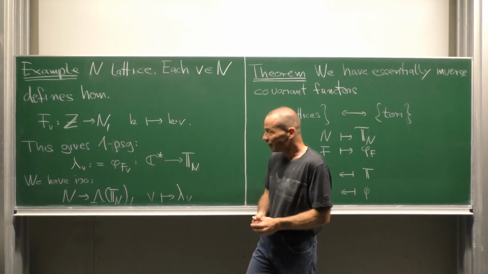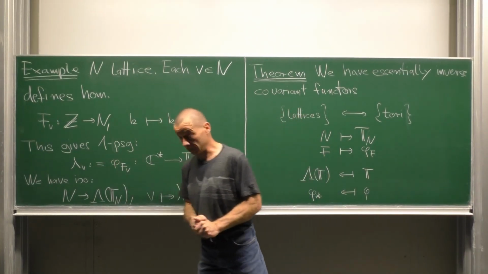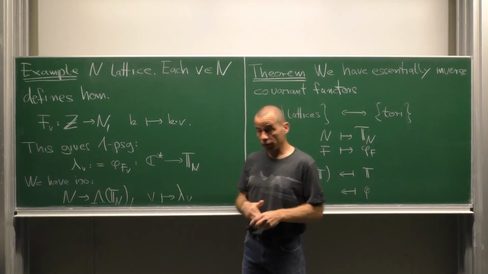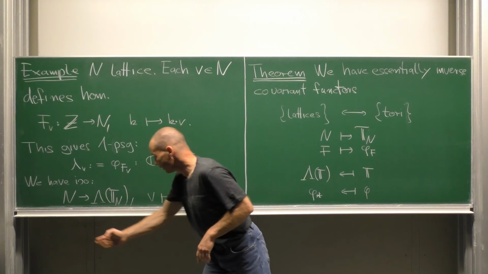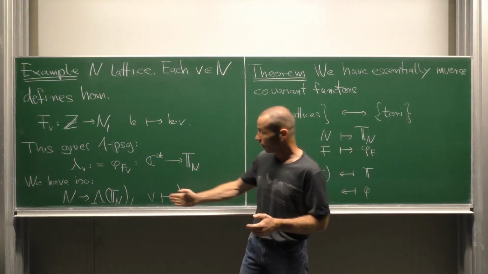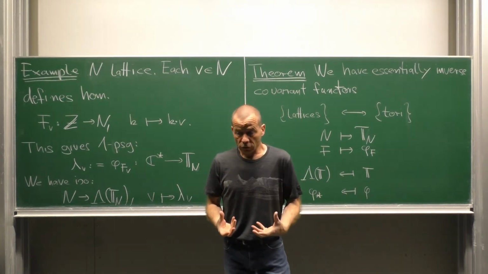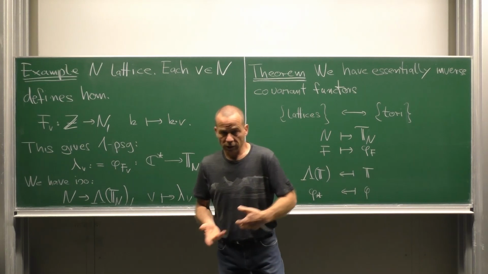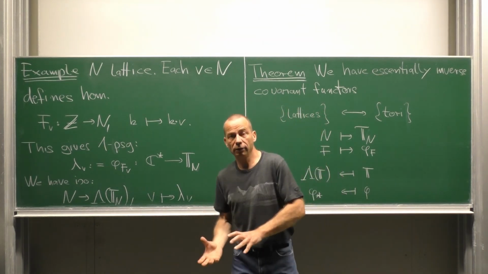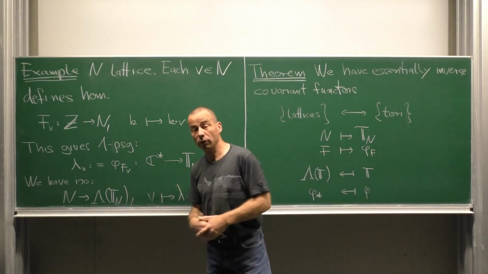So what we get is a one parameter subgroup which we denote by lambda^v. And this even sets up an isomorphism between the lattice N and the lattice of one parameter subgroups of the torus T_N, sending v to lambda^v. So we constructed our torus associated with the lattice N in such a way that N identifies with the lattice of one parameter subgroups of our T_N.